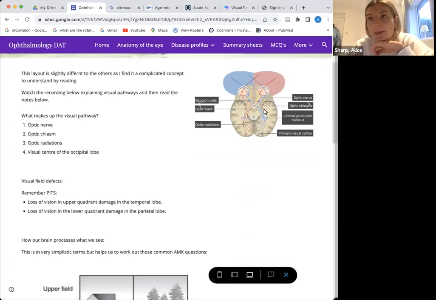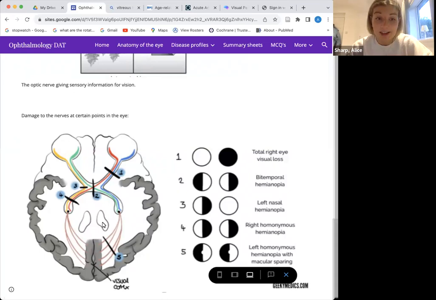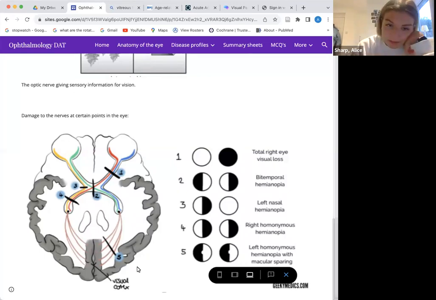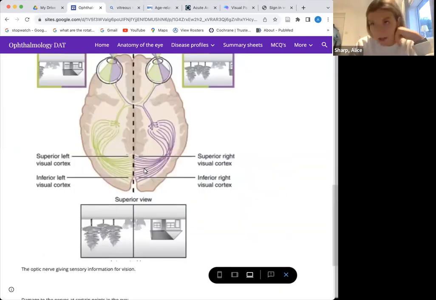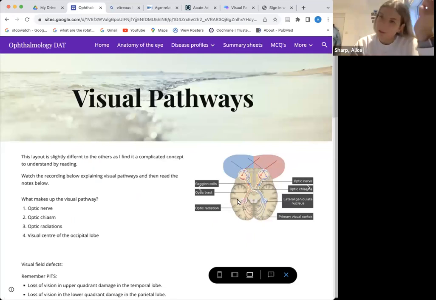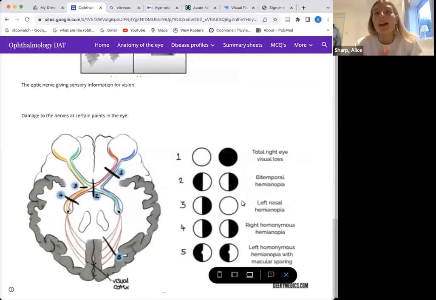So when this area here is damaged, you're going to get macular sparing. It's the exact same: you follow the optic nerves and figure out what part of the eye, but you're going to have macular sparing as it is the optic radiation, which I hope makes sense.